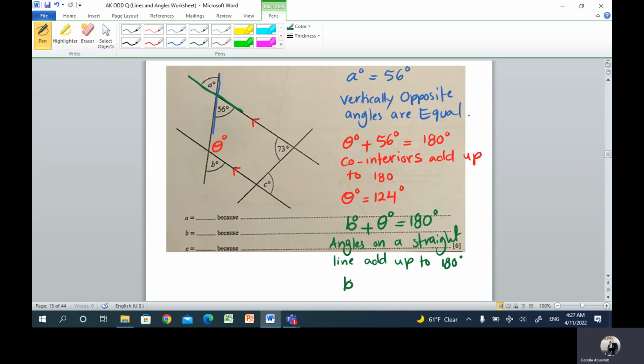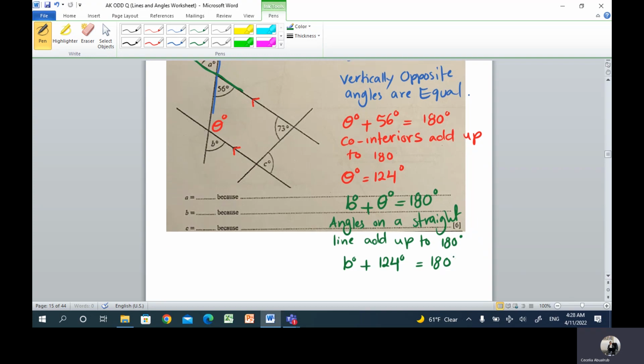So B is my unknown plus theta is 124 degrees. It's equal to 180. And if you apply opposite operations, B is equal to 180 minus 124, and the answer will be 56 degrees.